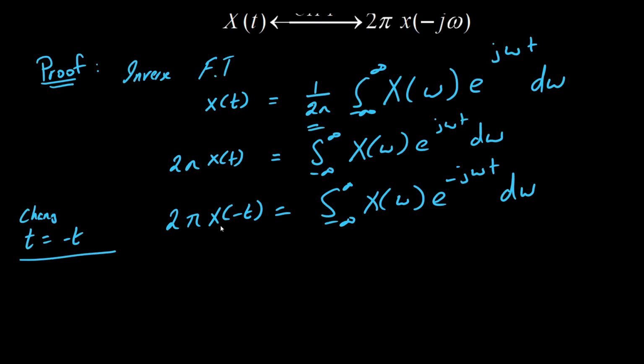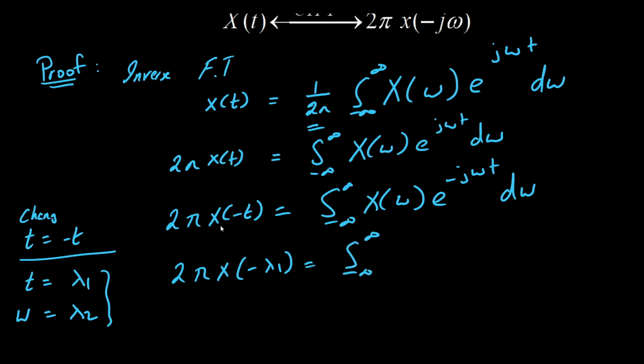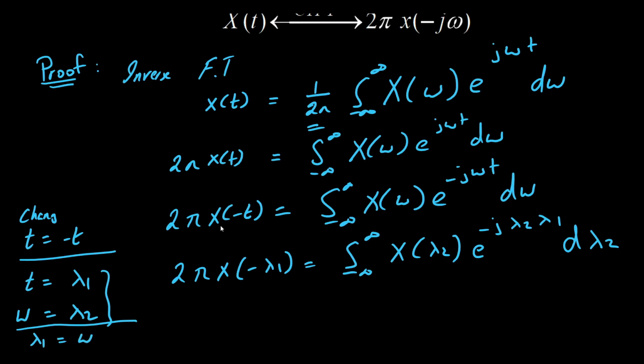Next, let us say t is equal to lambda 1 and omega is equal to lambda 2. By this transformation, wherever we have a t, that would change to lambda 1, and wherever we have omega, that would change to lambda 2. Next, again we say lambda 1 is now equal to omega and lambda 2 is now equal to t. So wherever we have lambda 1, that would change to omega.